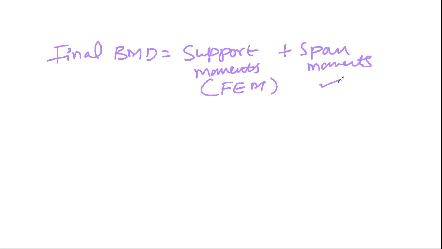For the first span, what is our formula? For the AB span and CD span with UDL, it is WL square by 8. And the next one is WAB by L. If you solve this, you will be getting the values.